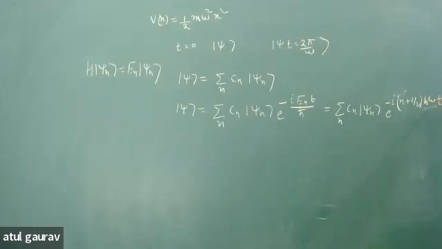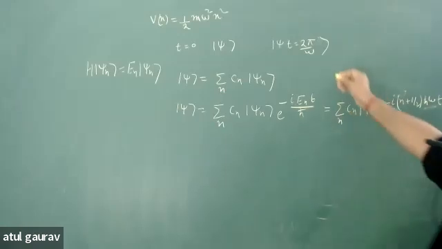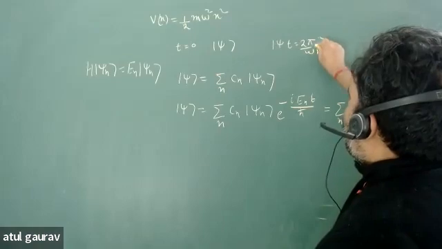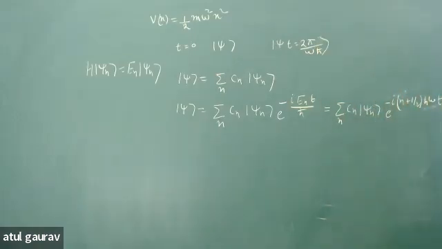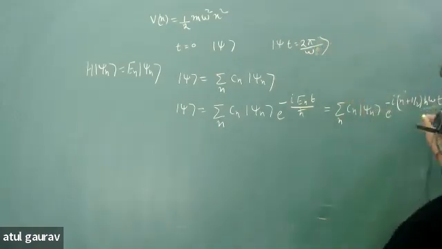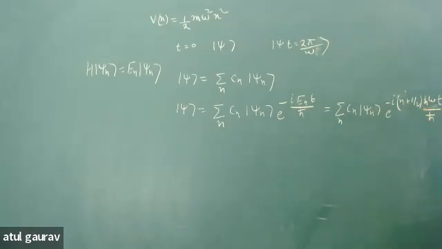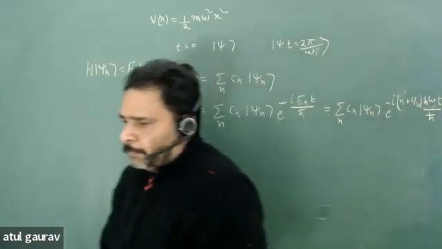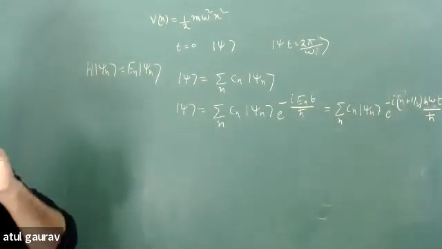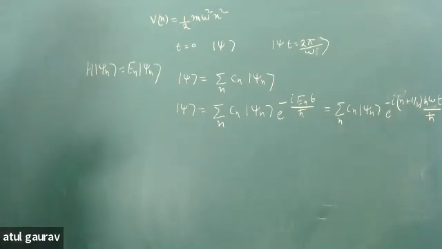Now you can put the value of t equal to 2π/ω. By ħ, sir? ħ is here. Sorry, ħ is not here, divided by ħ will be here. Okay, what will it be? Sorry, 2π will be there.